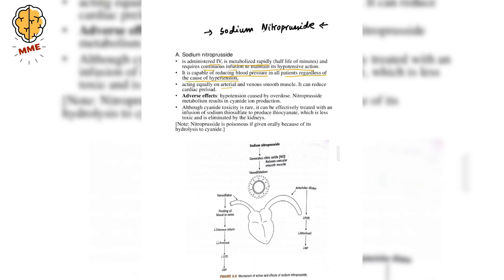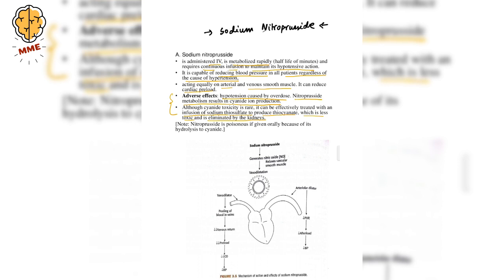Acting equally on arterial and venous smooth muscles, it can reduce cardiac preload. Adverse effects: hypotension caused by overdose, and nitroprusside metabolism results in cyanide ion production. Although cyanide toxicity is rare, it can be effectively treated with an infusion of sodium thiosulfate to produce thiocyanate, which is less toxic and is eliminated by kidneys. This is very important, just remember it.